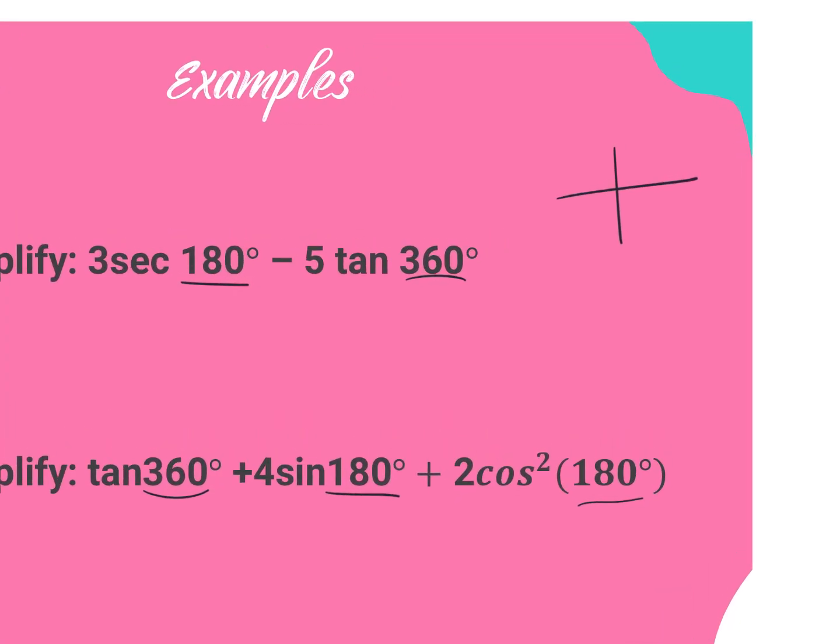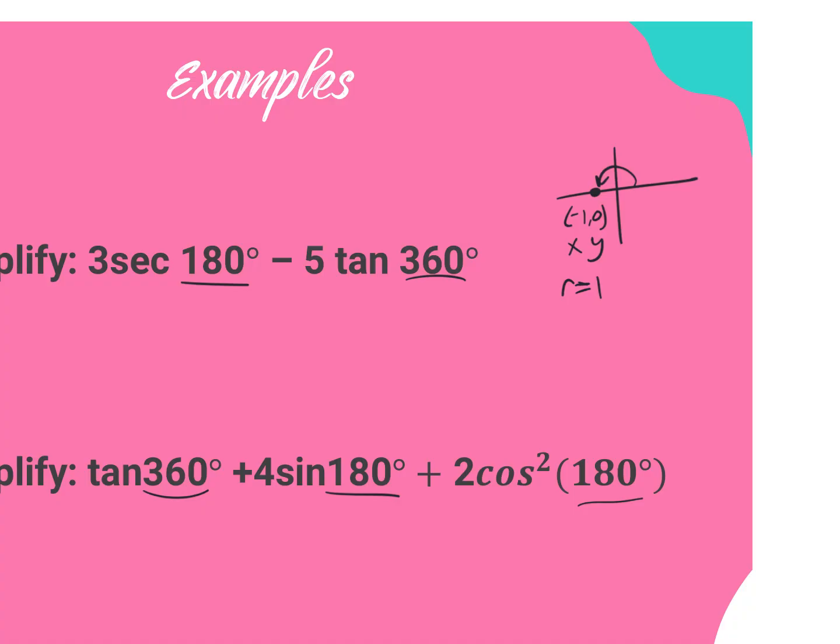All right, secant of 180, right? I know 180 is over here, so I'm just going to pick a point that's pretty easy to use, right? Negative 1, 0 is 180 degrees. So I know that this has to be x, that has to be y, and then I know that r has to be 1, right? You can do x squared plus y squared equals r squared to figure it out, but we've already done this before, right?